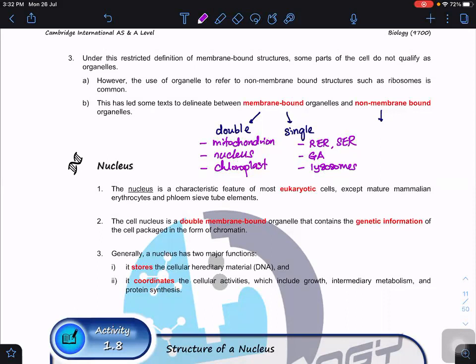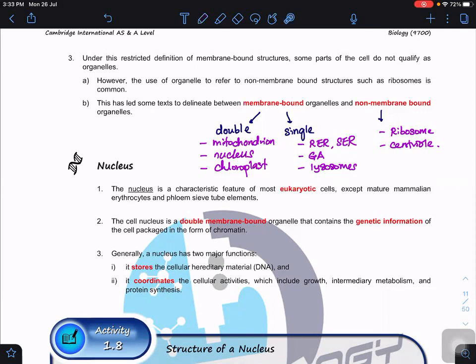Non-membrane-bound organelles: ribosome, centriole. Those are the examples of non-membrane-bound versus membrane-bound organelles.